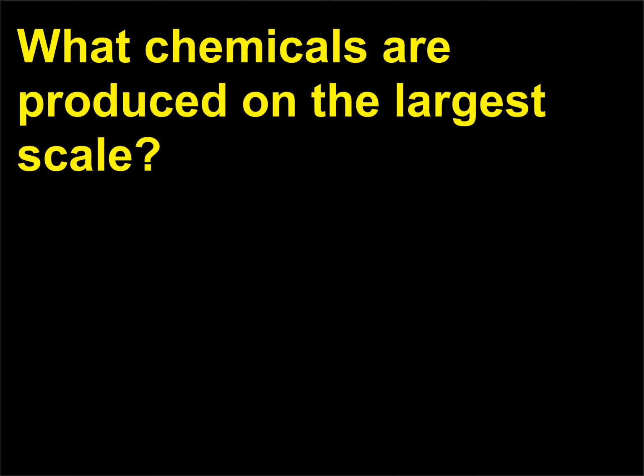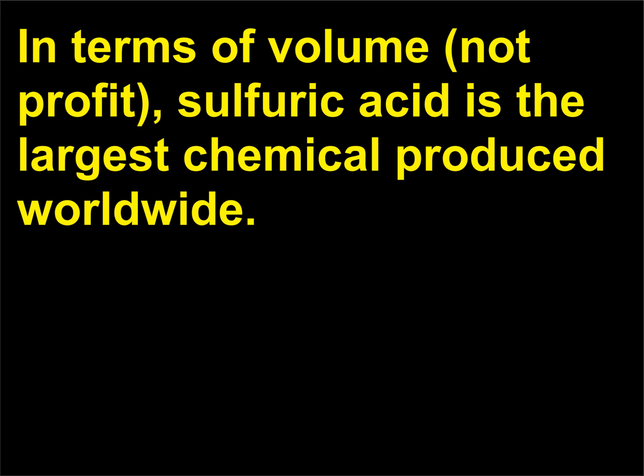What chemicals are produced on the largest scale? In terms of volume, not profit, sulfuric acid is the largest chemical produced worldwide.